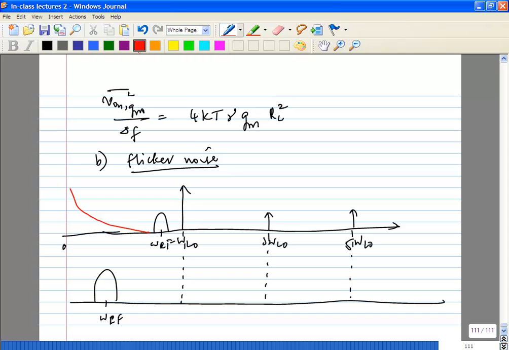Similar to that, you'll get 1 over f noise around each one of these components. We know this can be easily filtered out because LO is very far away from IF or baseband. So you have very little 1 over f noise. How about the transmitter?